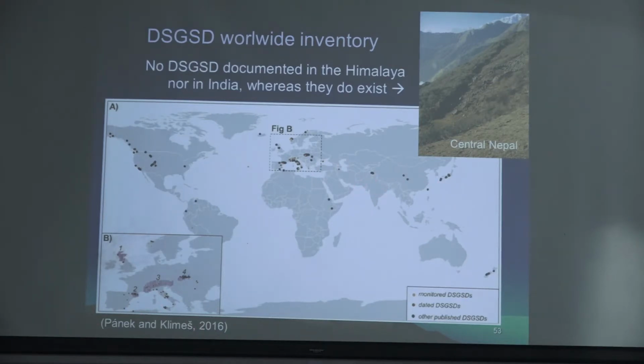So we can ask, is there no such kind of object in the Himalaya, or is it a question of them not having been documented? From my experience, I have seen several fractures like the one I just showed you previously. So I presume that there are many, like in other mountainous regions, many of these big fractured hill slopes, big DSGSD in the Himalaya, but they are still to be documented.